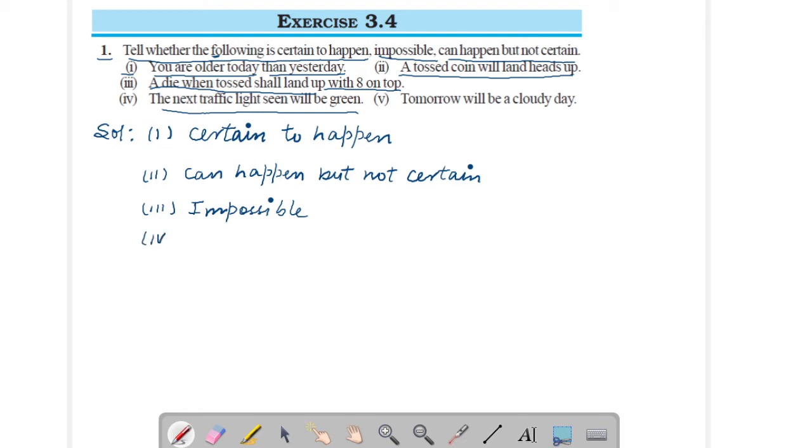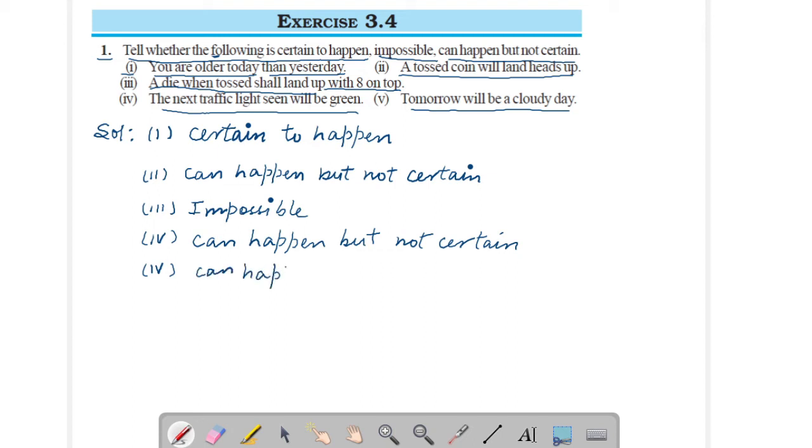Your answer is can happen but not certain. Then fifth part: tomorrow will be a cloudy day. Your answer is can happen, but not certain.